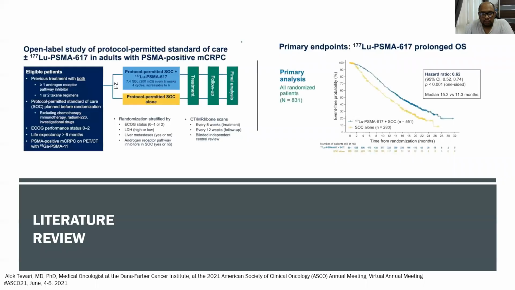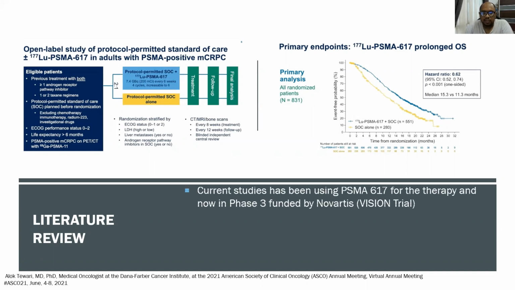Next, I will show you a clinical trial. A clinical trial called the VISION trial has just undergone a phase 3 trial, in which this study has shown that patients treated with lutetium-177 PSMA had a prolonged overall survival by 15.3 months compared to patients who only received the standard of care treatment.